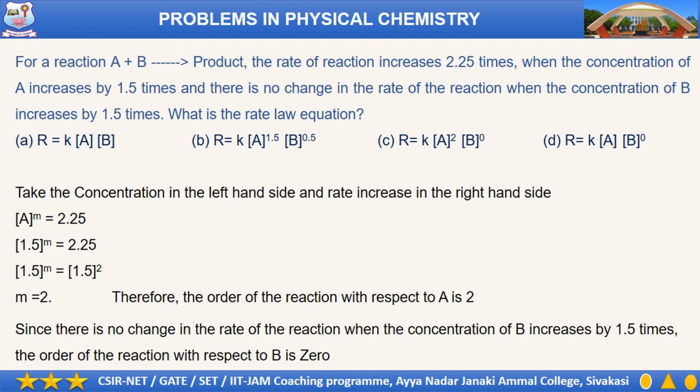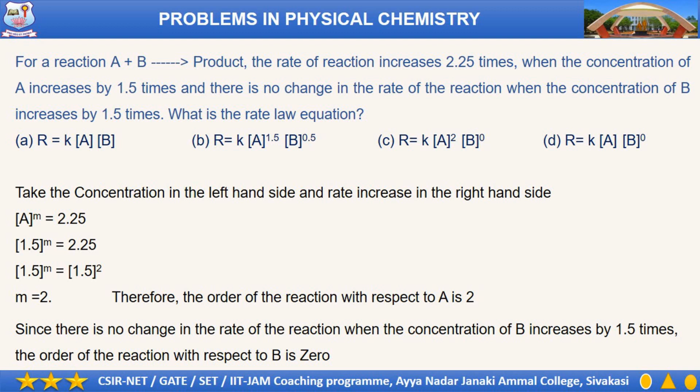What is the value of m? If you easily manipulate this, 1.5 into 1.5 is equal to 2.25, so convert 2.25 to the base of 1.5. It is nothing but 1.5 power 2. Therefore, what is the value of m? m is equal to 2, second order.